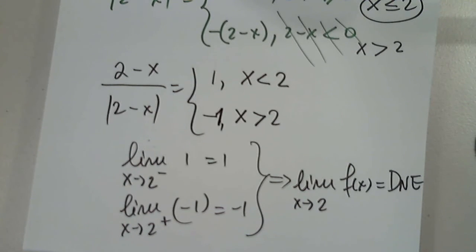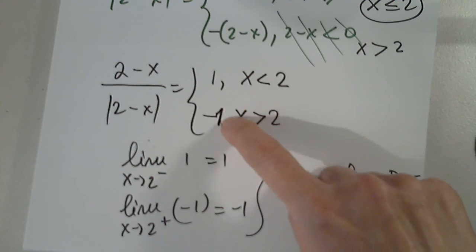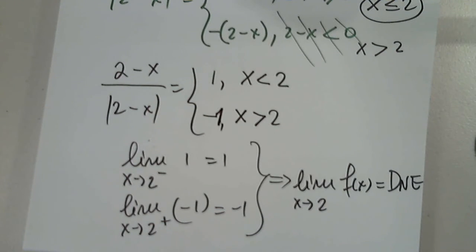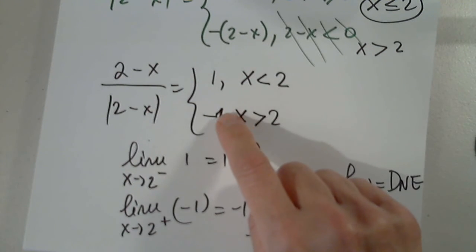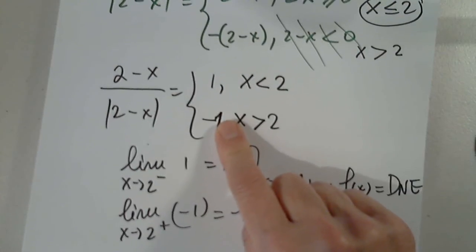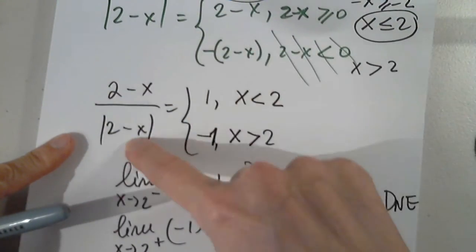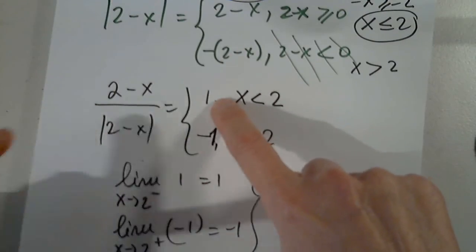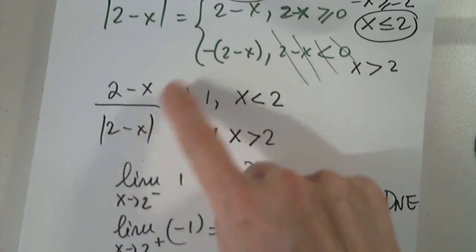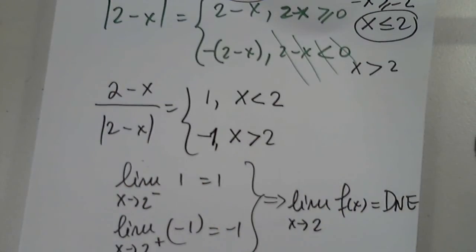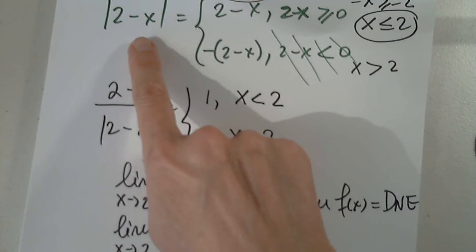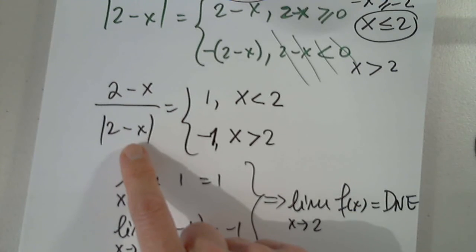Where did the 1 and the negative 1 come from? From here? Yeah, how did you get that? I replace this by this. 2 minus x over 2 minus x is 1. Then I replace this by the other option. So I have negative 1. So I have two options for the denominator.